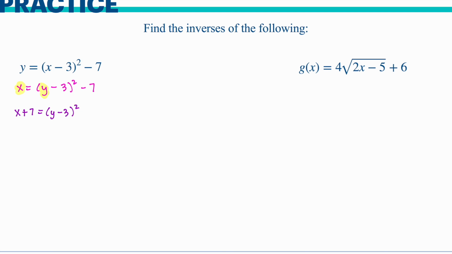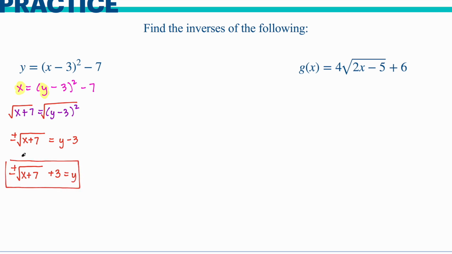So I need to physically take the square root of both sides. Here's where you have to be careful. The moment you take the square root of both sides, it becomes a plus or minus. And then, now that the square and the square root cancel, solve for y by just adding 3 to the end. You cannot add 3 to the 7 because that 7 is underneath the square root. And that becomes your answer.